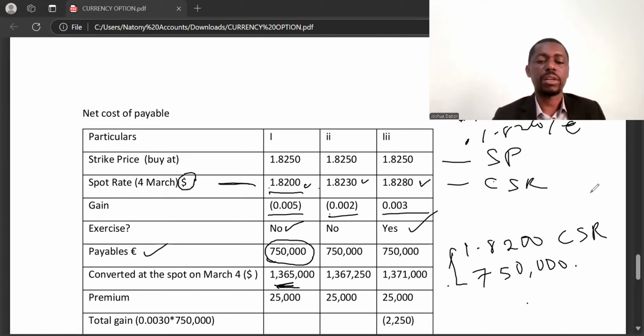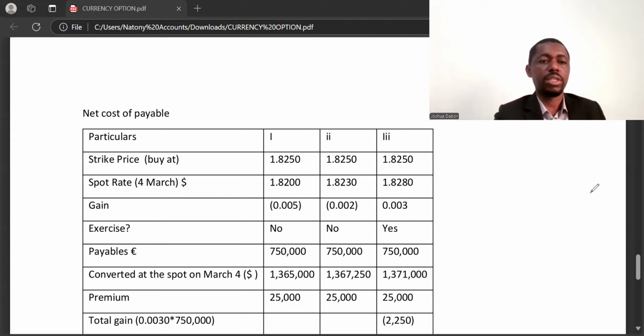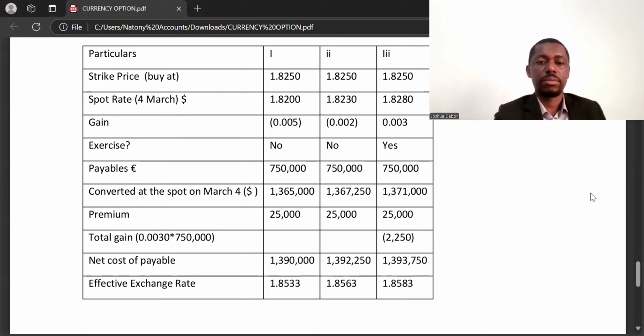Okay? But remember that there is a premium that was paid for this contract. So if that is the case, what will now be the effective rate? For a payable, you are making a payment. So two things will happen here.